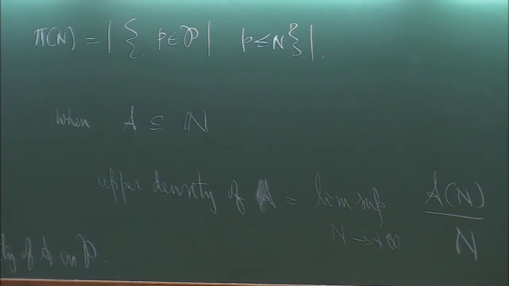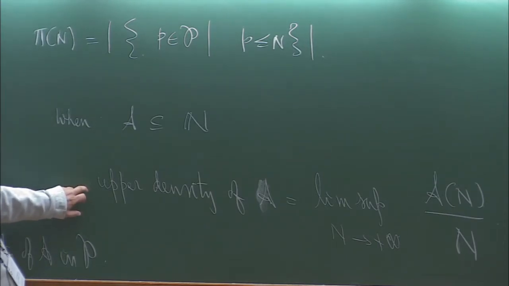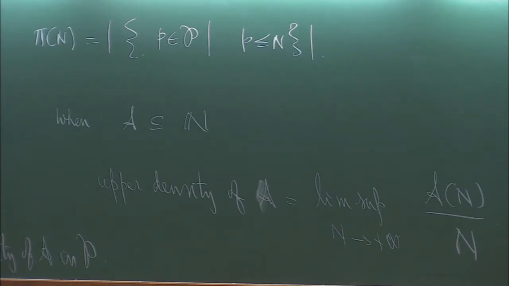Just to recall that this is the notion of upper density, it's the limit supremum of this, and the relative upper density when A is a subset of the primes is this limit.